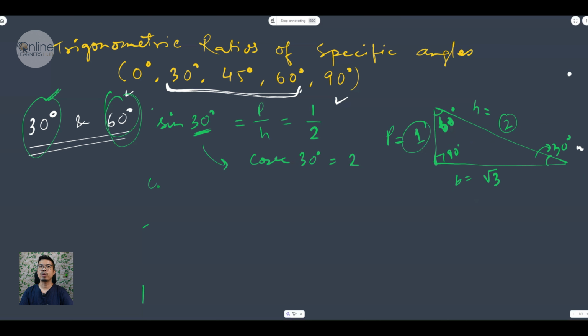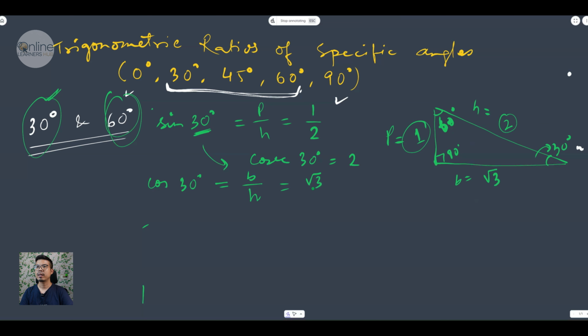Now let me show you cos 30. Cos 30 will be curly black hair. Remember the sentence again: some people have curly black hair. C stands for curly, C stands for cos, black hair, B by H. Now what is B here?